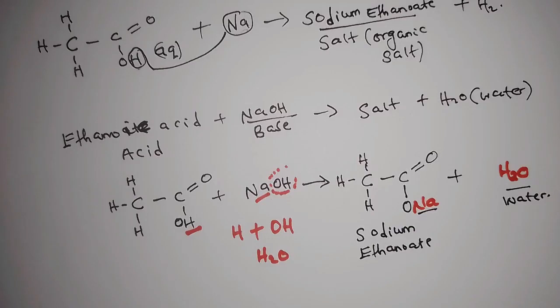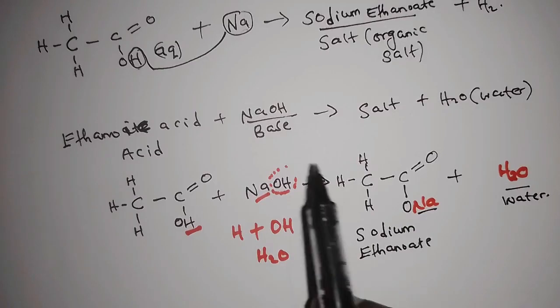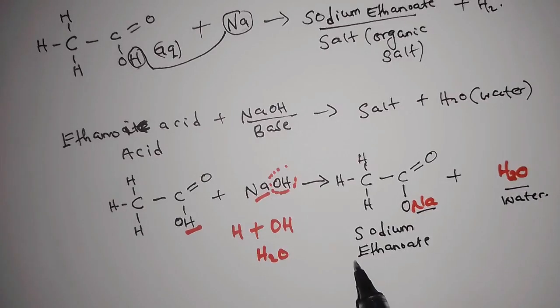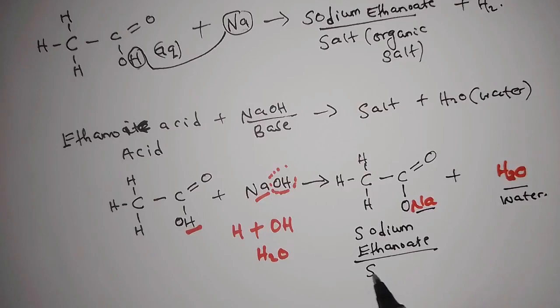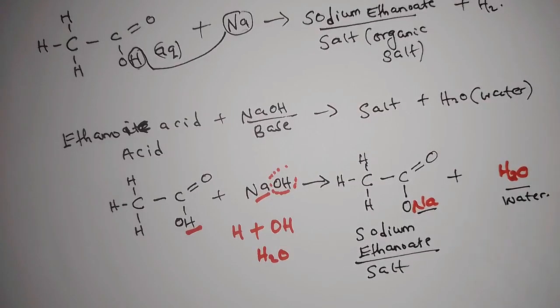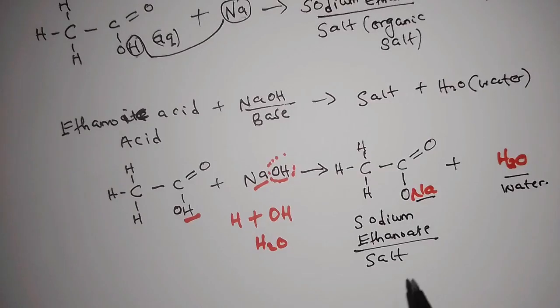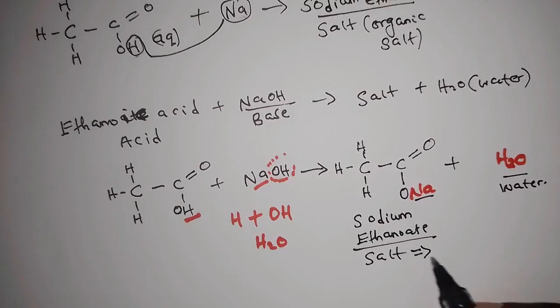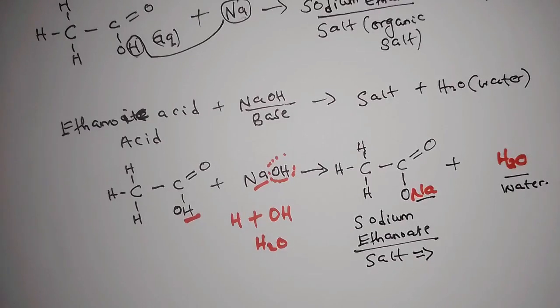So what you need to understand is that when a base reacts with an acid, we are going to have a salt and water. Now, in organic chemistry, under organic compounds, this salt is simply called an ester.